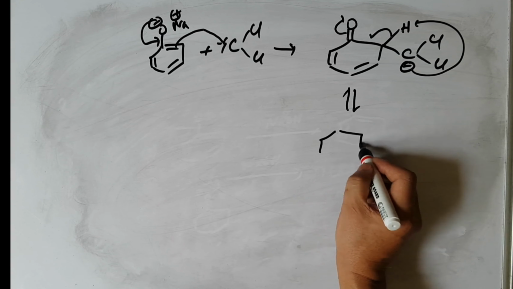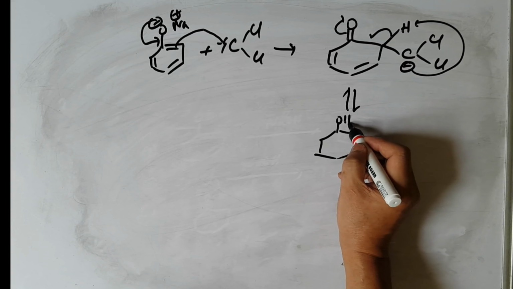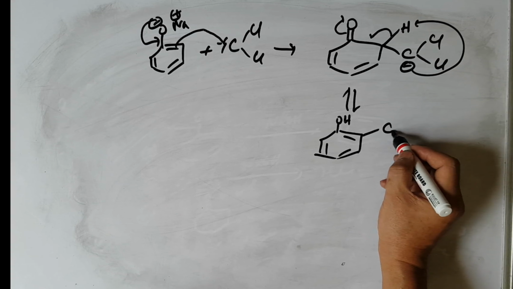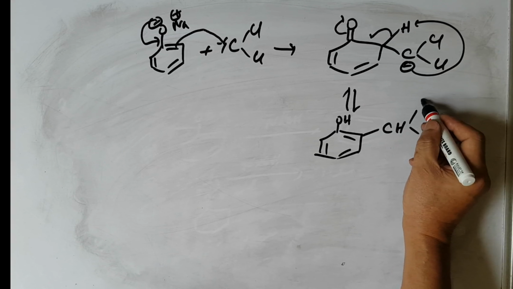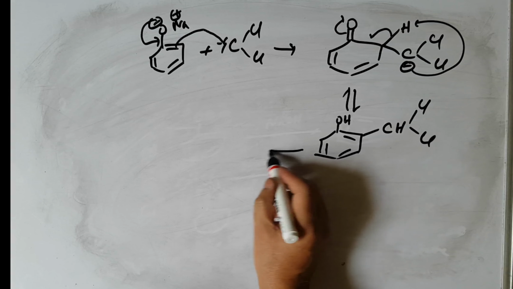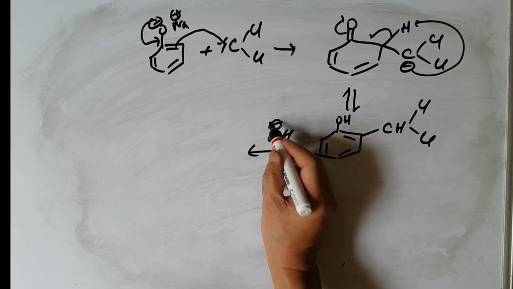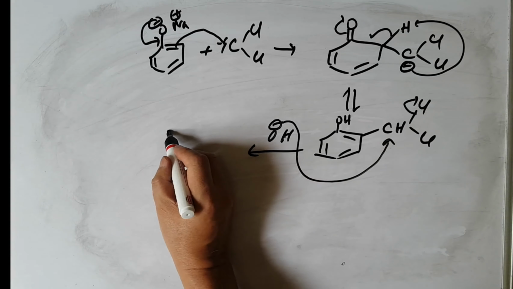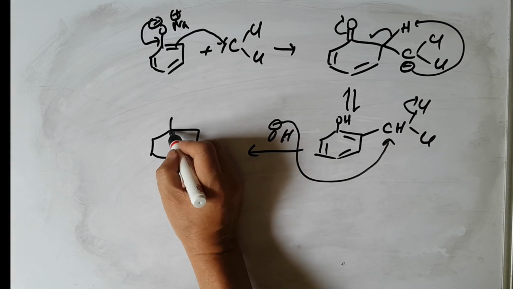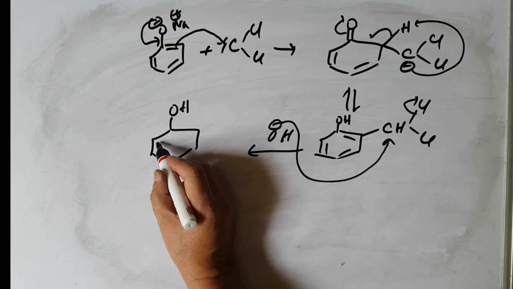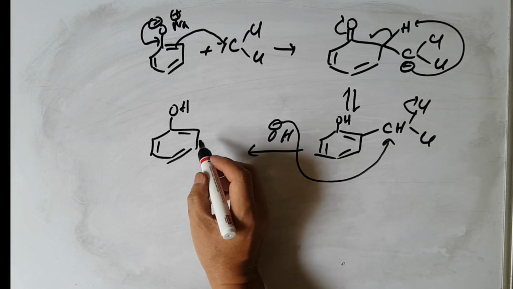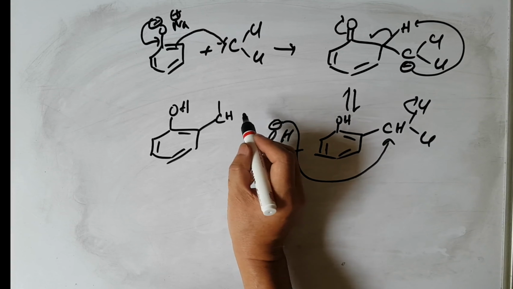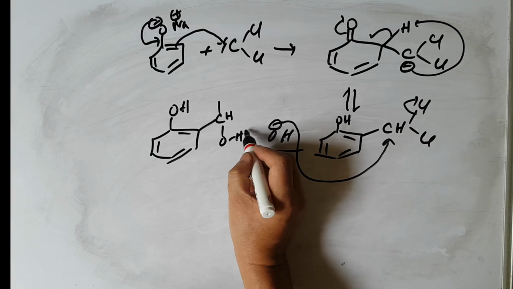So here OH, like this, CHCl2. Now the hydroxide group attacks here, so one Cl is lost and you get an OH group here, then CH(OH)Cl.